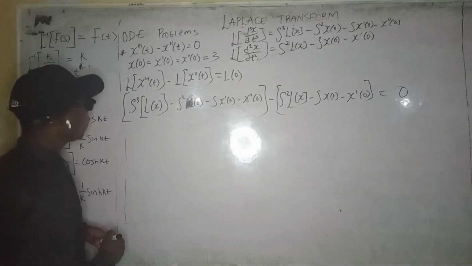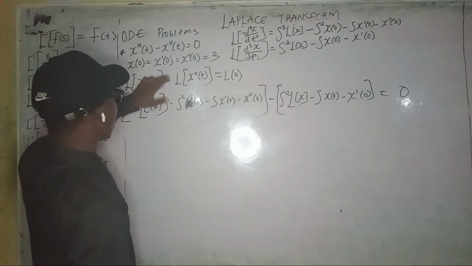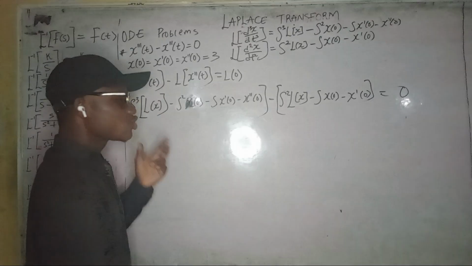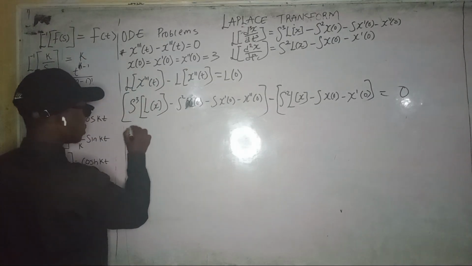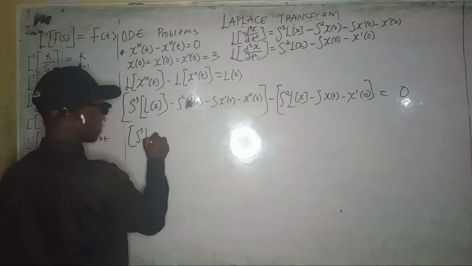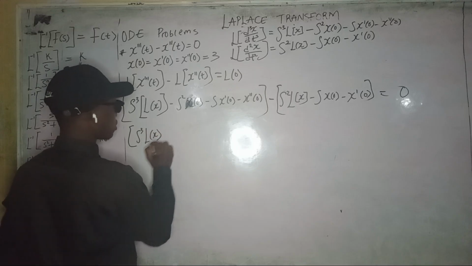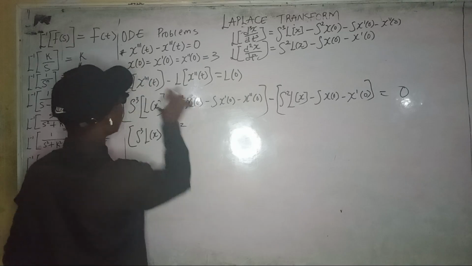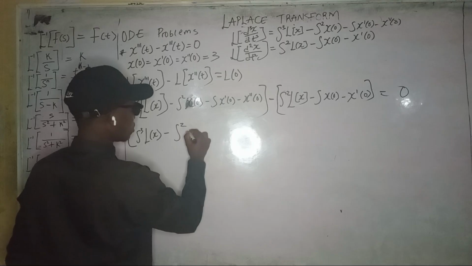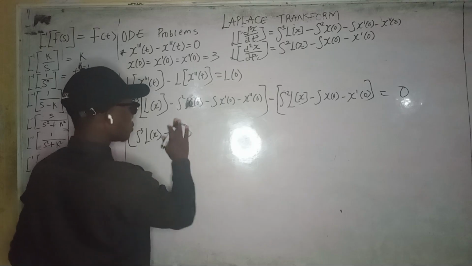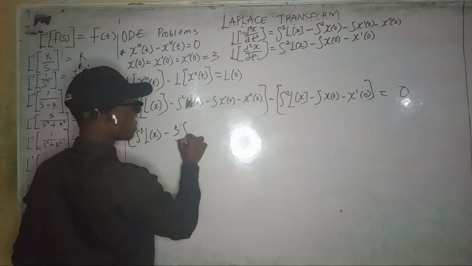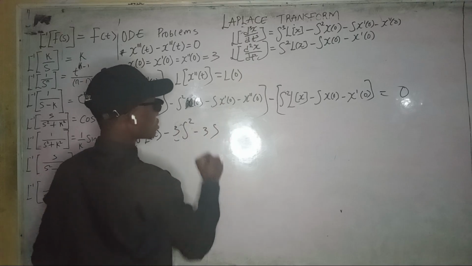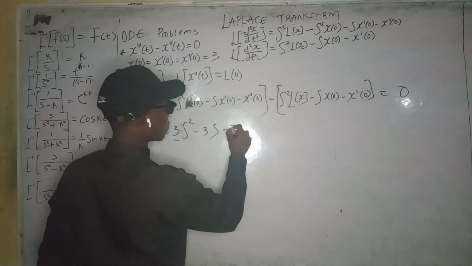So moving on, our x(0), our x'(0), and our x''(0) is equal to 3. So this makes our job much easier. We have s cubed times the Laplace transform of x, here we have minus s squared times x(0), which is 3, so we have 3s squared, and here minus 3s, and minus 3.